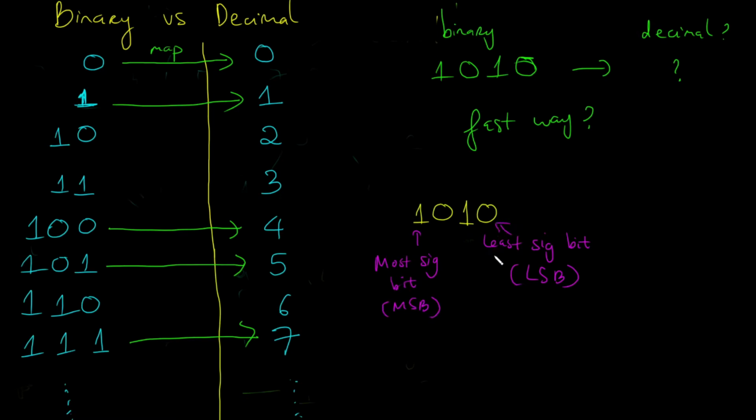The least significant bit represents 2 power 0, where 2 is the base, which is binary. And this one right here is going to be 2 power 1. This one is 2 power 2. This one is 2 power 3.